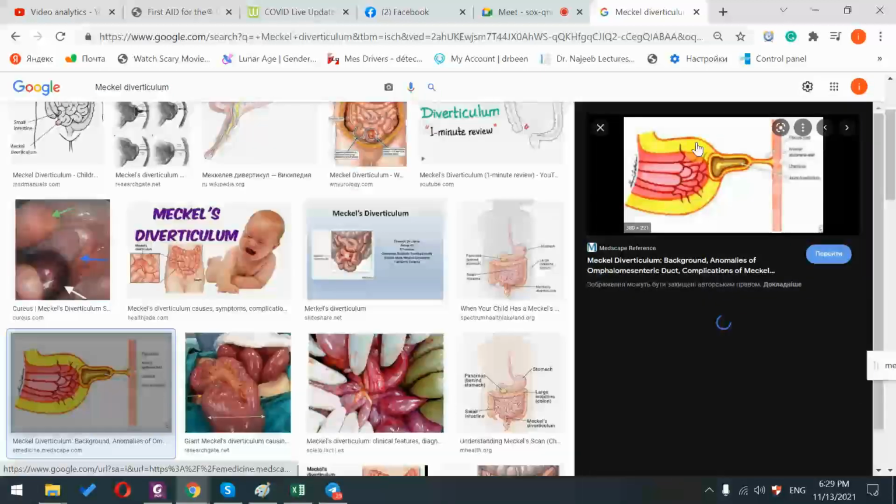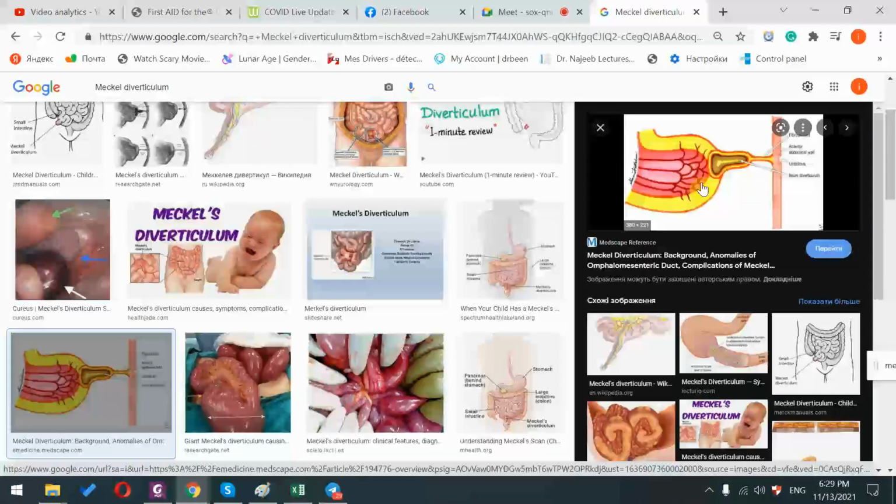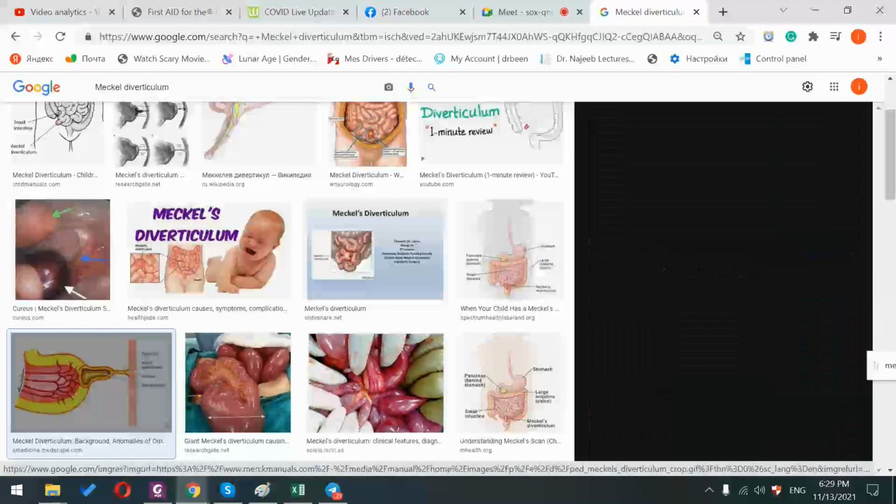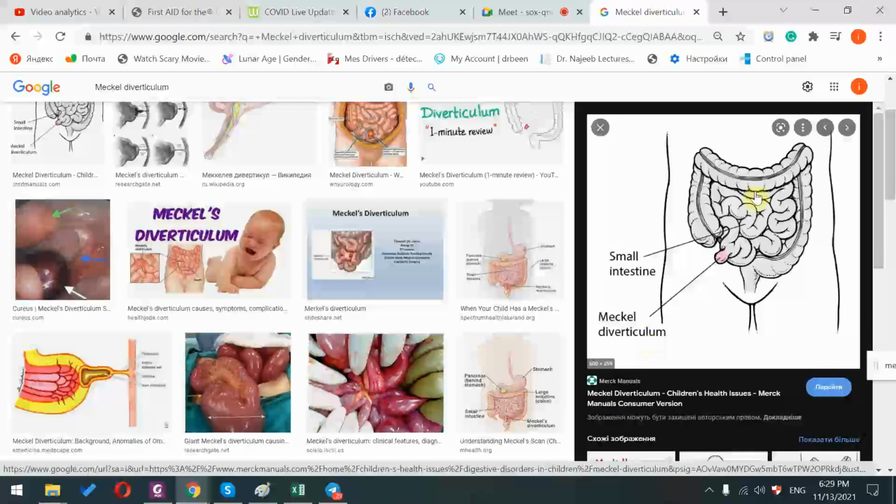So that last portion of the ileum, in our embryological life, had a connection with our umbilicus. But after we are born, this connection was shut down. If it does not obliterate totally, you will get something called a Meckel diverticulum, which is a form of a true diverticulum.